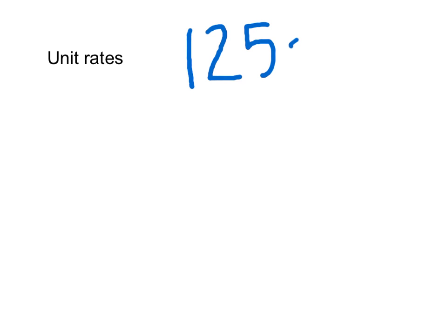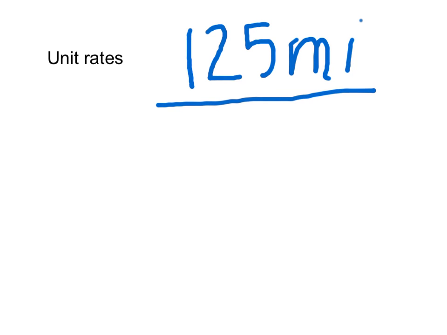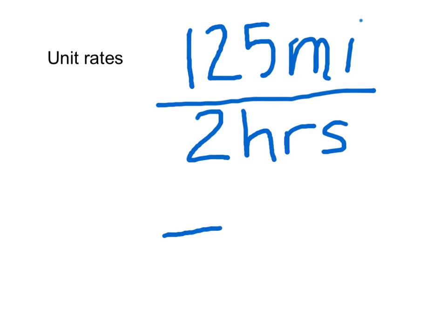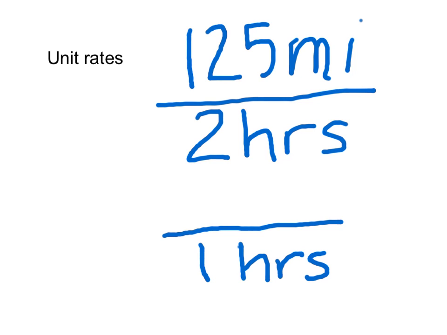So when we go back to my example of 125 miles per 2 hours, we want to rewrite this as a ratio that is per 1 unit or per 1 hour. When we say a unit rate, the bottom unit, the denominator unit, the per unit, is the thing that gets reduced to 1. So I reduced 2 hours to 1 hour.